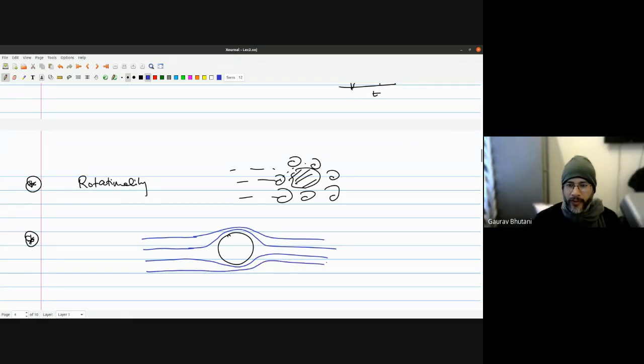Streamlines are those lines where if you draw a tangent, that is the direction of flow velocity. So here, for example, the direction of flow velocity is like this. Here it's like this, and so on. Streamlines get closer to each other when they are passing close to a body and so on. You may have seen this idea, or at least pictures related to these things.